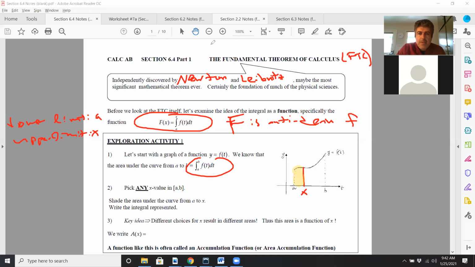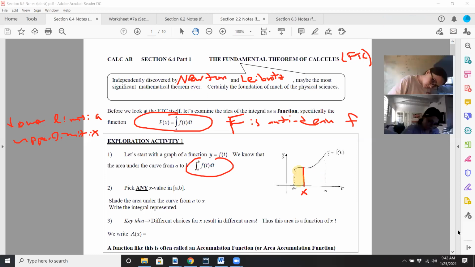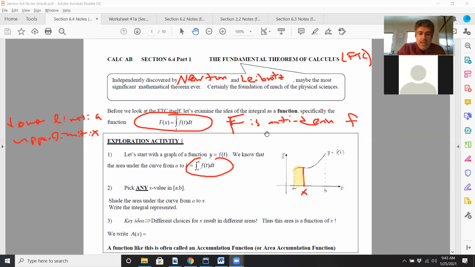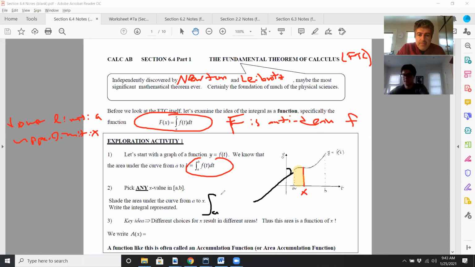Okay. So shading as yellow, and we write the integral that's represented by it. Well, the integral that's represented by the yellow area is simply from A to X, not A to B, from A to X of f of t dt.